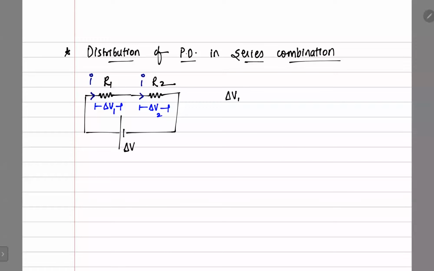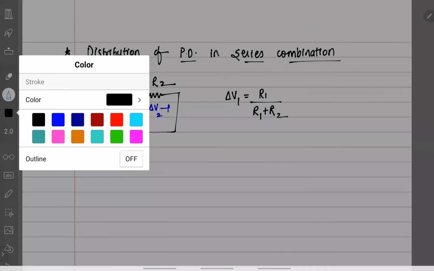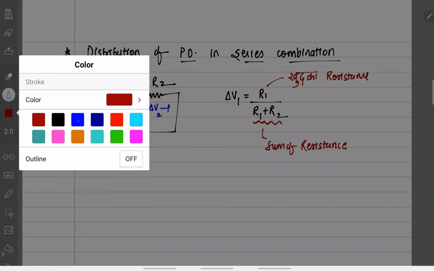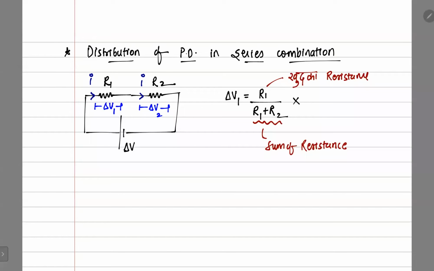Delta V1 is equal to, ये चीज मैं हिंदी में बोलूंगा, याद रखना आसान होता है, खुद का रेजिस्टेंस अपॉन टोटल रेजिस्टेंस, यानी खुद का रेजिस्टेंस अपॉन सम ऑफ रेजिस्टेंस, multiplied by the supply.